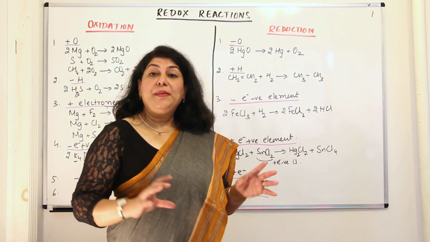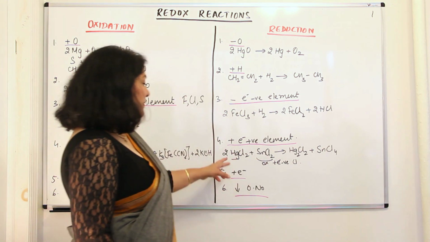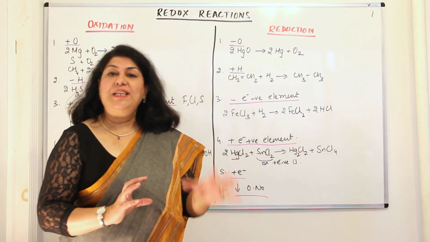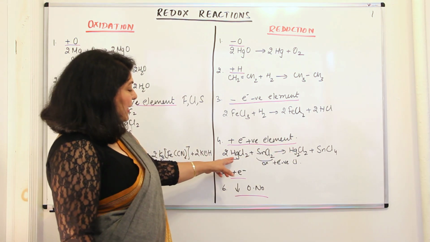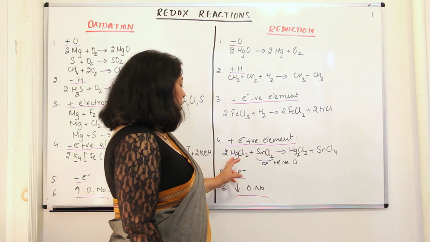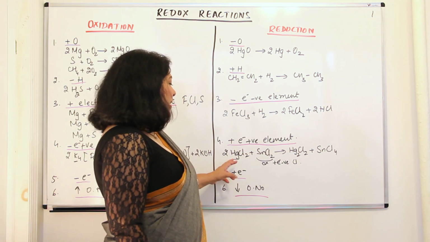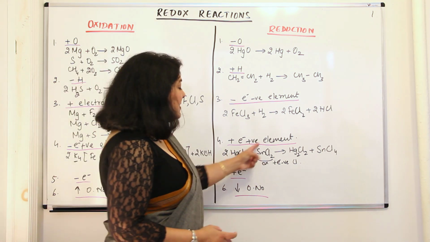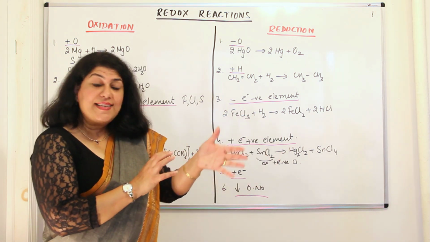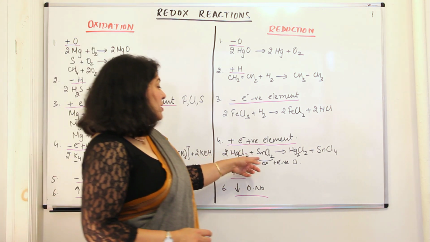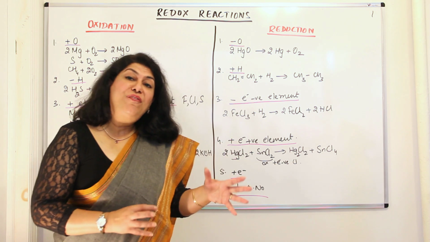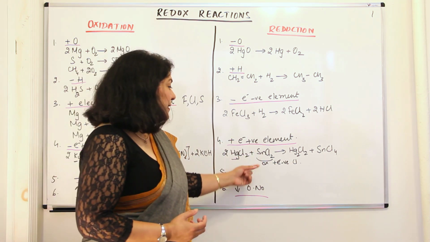So these were examples. Now, if you take this one example here, HgCl2 plus SnCl2 gives you Hg2Cl2. So the electropositive element mercury got added to this molecule itself. Therefore, this got reduced. At the same time, SnCl2, the other component, is getting oxidized. How? Because SnCl2 is turning into SnCl4. So by which definition do we say that this is getting oxidized?